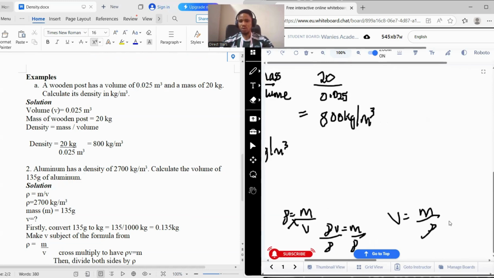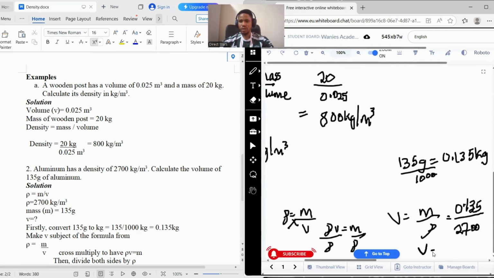So how do we go with that? What's the mass? 135 grams. The mass is given in grams. So to convert gram to kilogram, we divide by 1,000. That makes it 0.135 kilogram. So we have 0.135 divided by the density, which is 2,700.